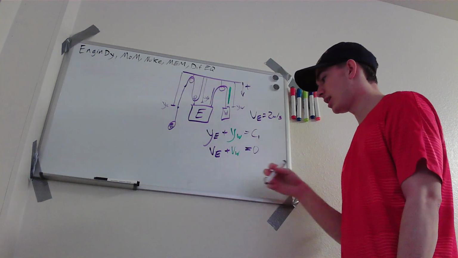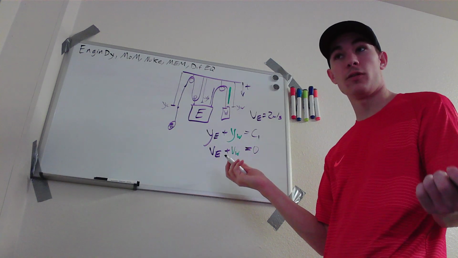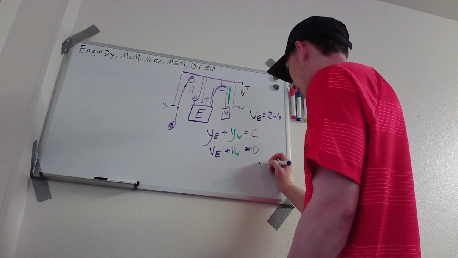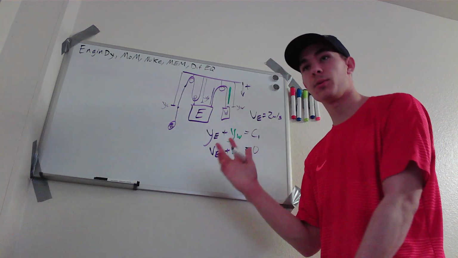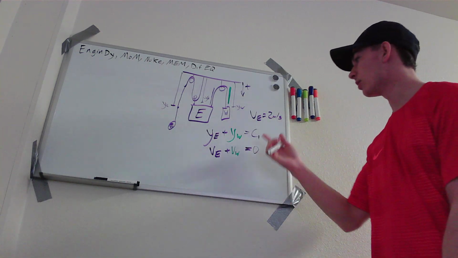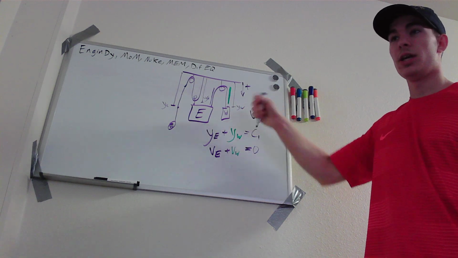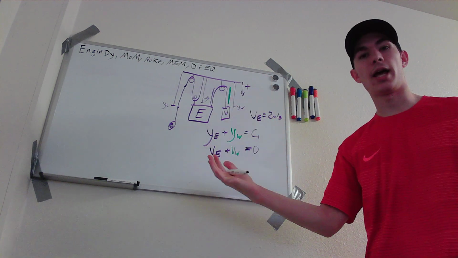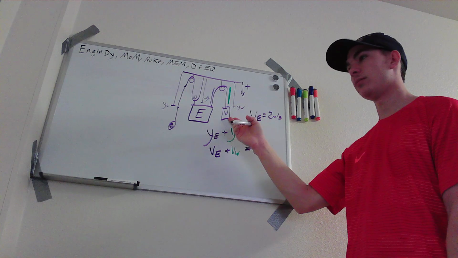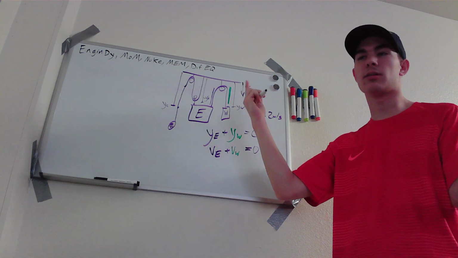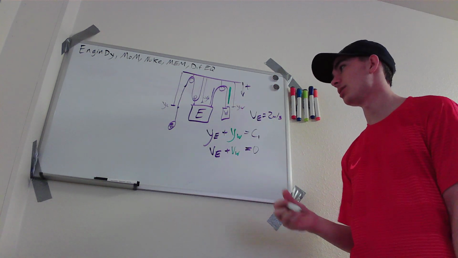So VE plus VW is 0. So to solve this question, you will subtract VE over, and VW will be negative VE, which is negative 2 meters per second, which means that W is traveling up. So the displacement on W is negative up, yeah, that's what you would say.